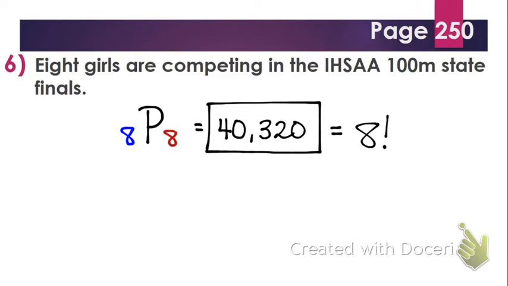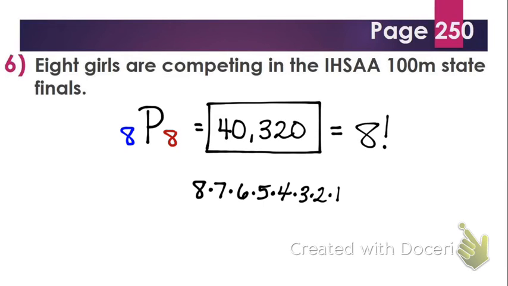If there's 8 girls running, how many people could get first place? 8 people could get first. Once the first person crosses the finish line, how many people are there still in the running for second? 7. And then 6, 5, 4, 3, 2, 1. That is only with a permutation, and it is only when we are choosing all of that group, when they are all eventually going to be somewhere in that line.